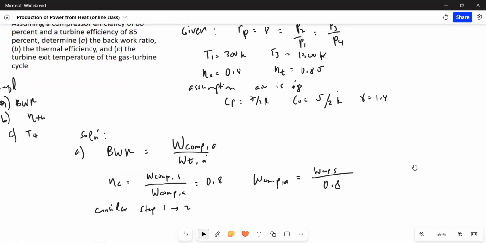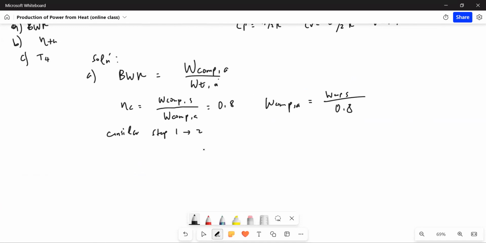Remember, using the fundamental property relation, the work is just Cp delta T. The work of ideal compression is just Cp delta T. Here, T refers to the ideal T on the diagram.